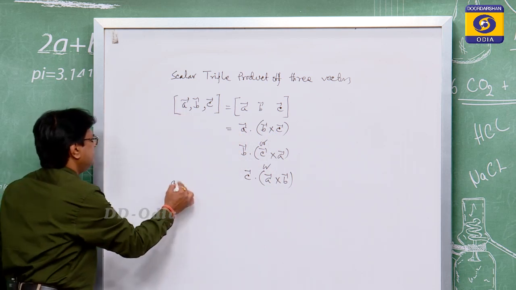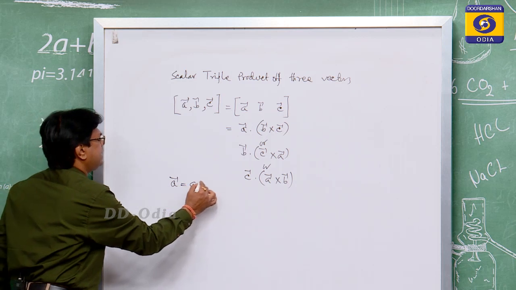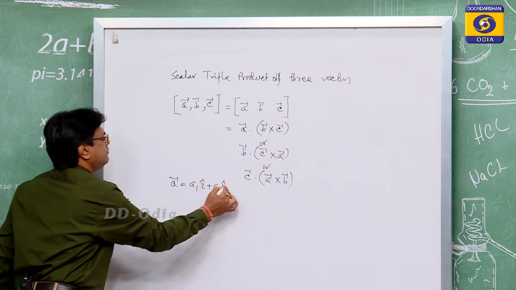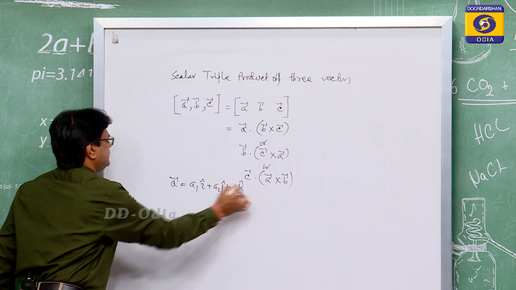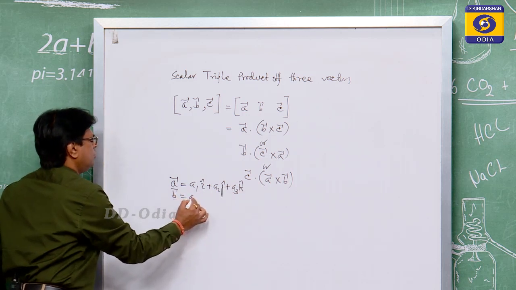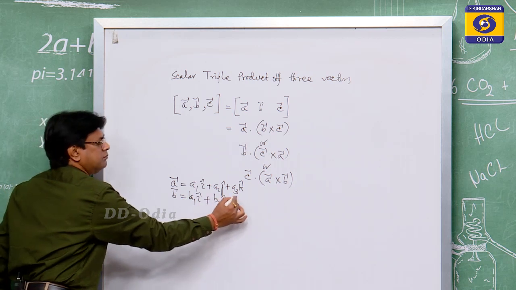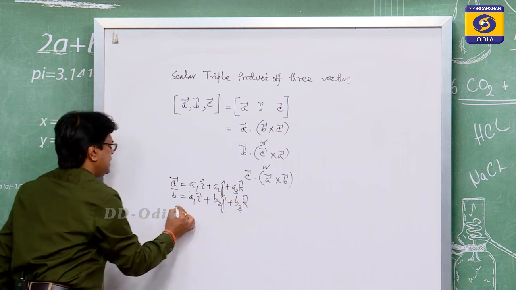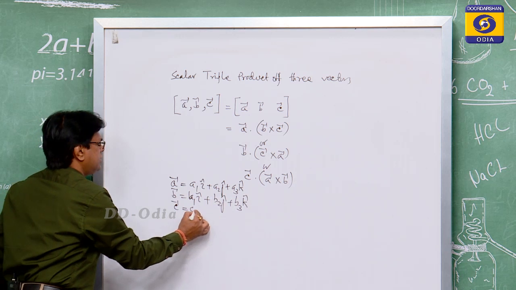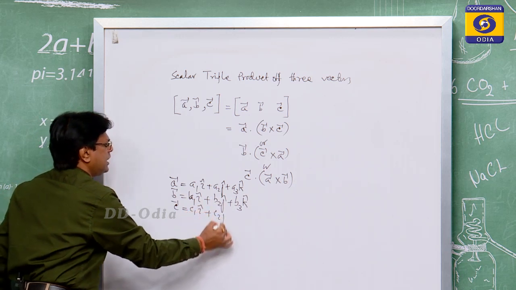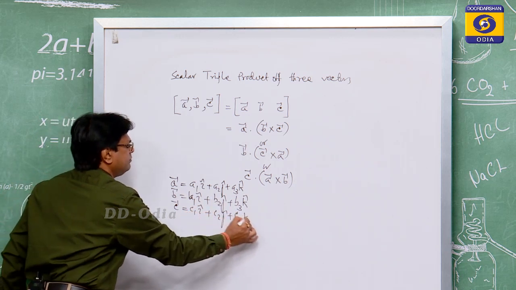If A is equal to A1 i cap, A2 j cap, A3 k cap, B vector is equal to B1 i cap, B2 j cap, B3 k cap, C vector is your C1 i cap, C2 j cap, C3 k cap.